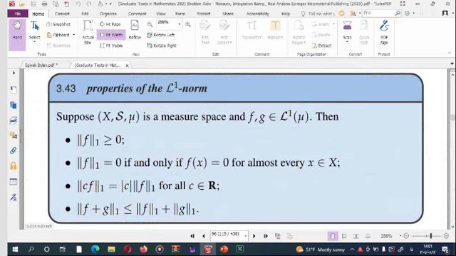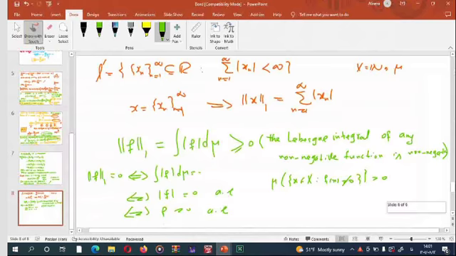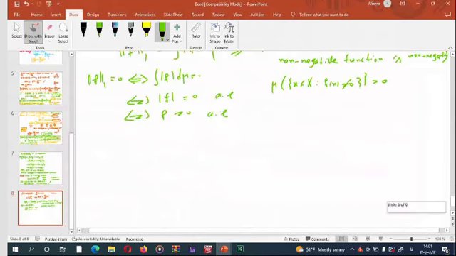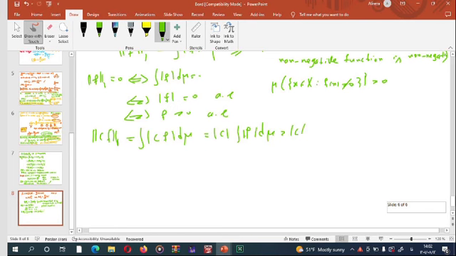And also we see these properties, because this norm equals this integral, and this is equal to this, and this is equal to this because this is norm 1 of f.